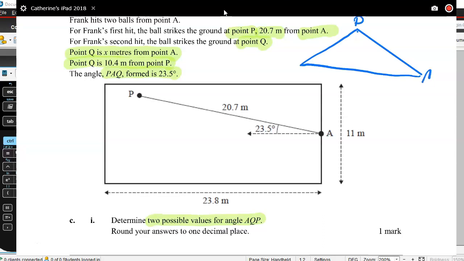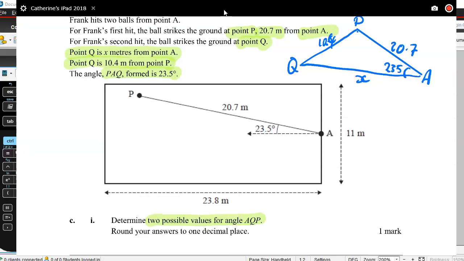PAQ, that's 23.5, 20.7, and that's 10.4. We don't know that length there.